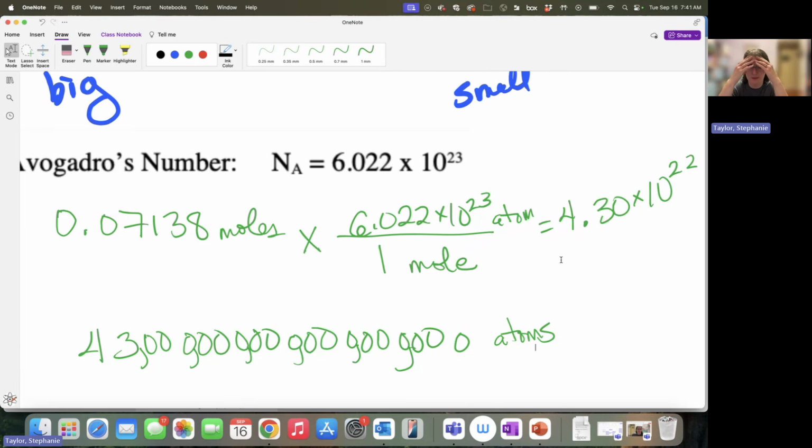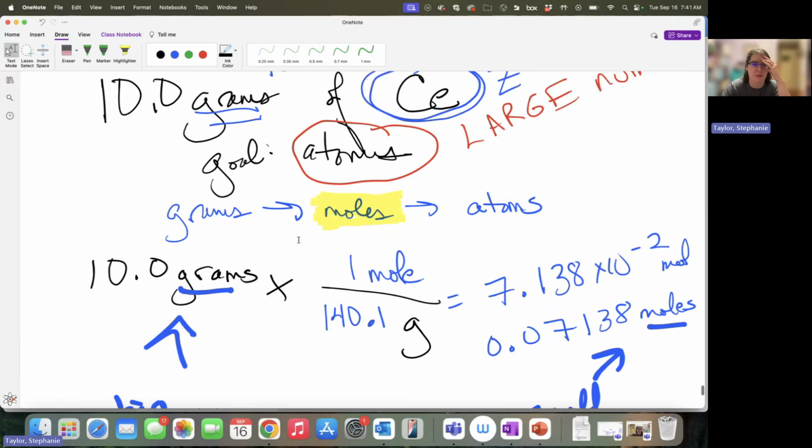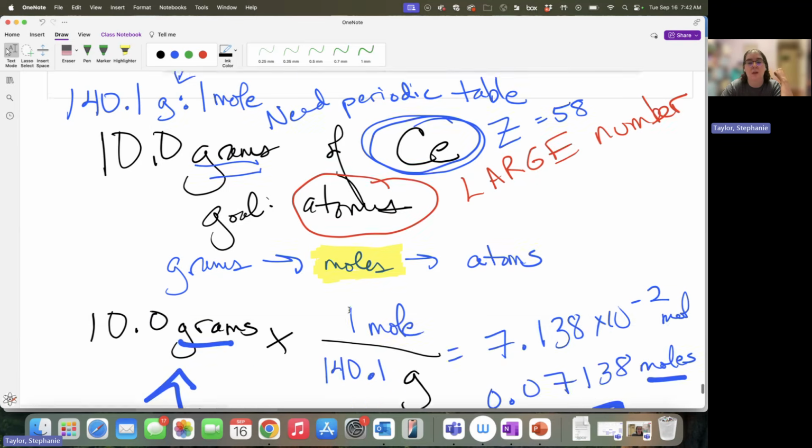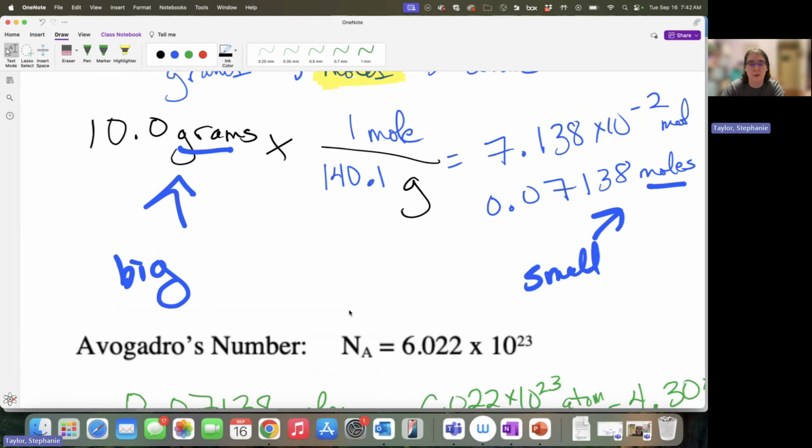If you start off in grams, so summary. If you start off in grams, you need the periodic table. It's the only way to go anywhere. If you know you're ending in atoms, you know it's a big number. If you're going between grams and moles, your gram number should be bigger than your mole number, doesn't matter which direction you go.